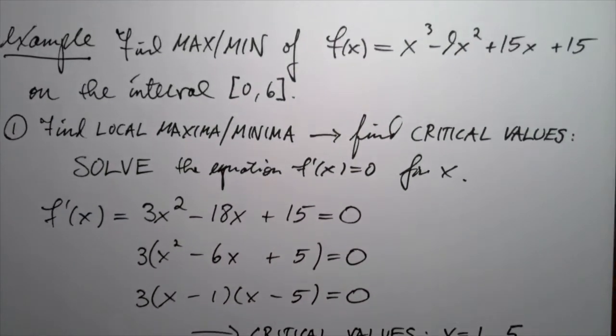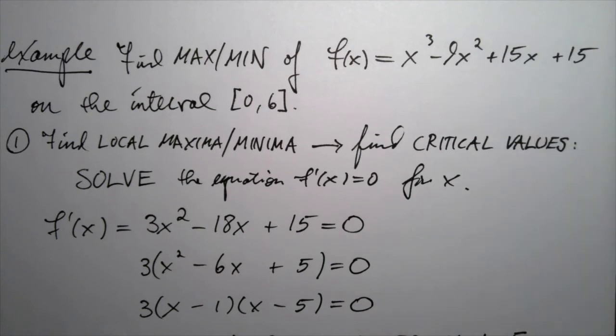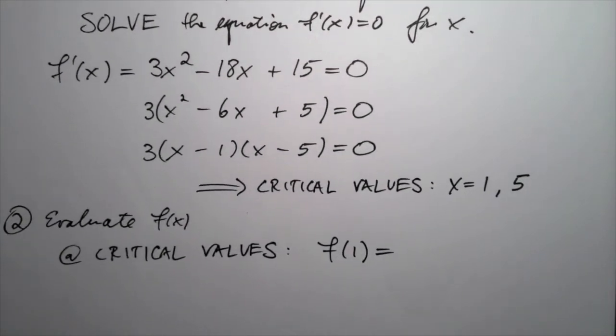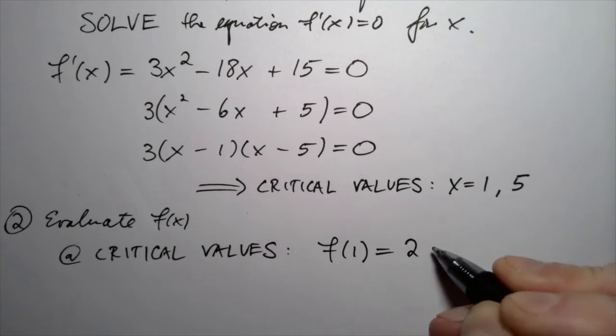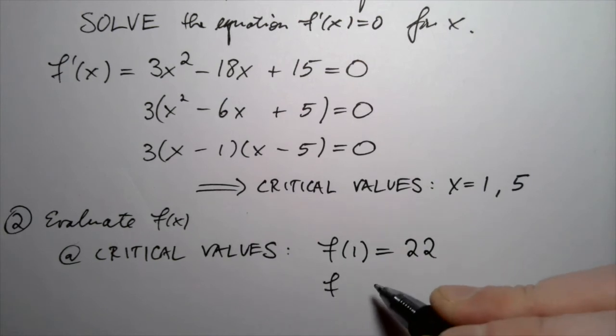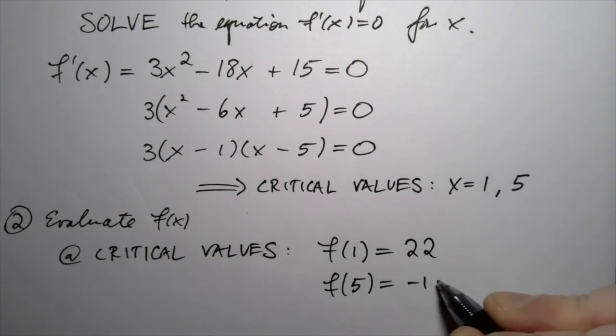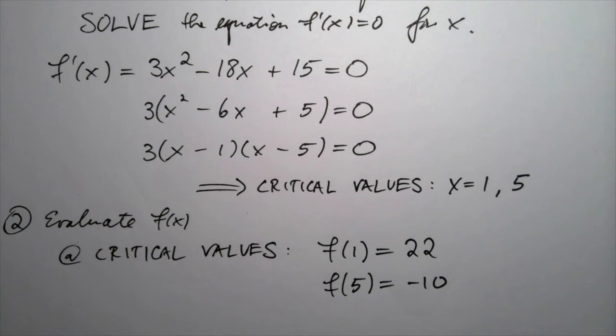Remember the function is x cubed minus 9x squared plus 15x plus 15. If you plug 1 into the function, you'll end up getting 22. I won't show you the arithmetic. Either do it by hand or use a calculator, but that's what you'll end up getting. If you plug in 5, you'll get minus 10. So those are the values that the function outputs at these critical values.